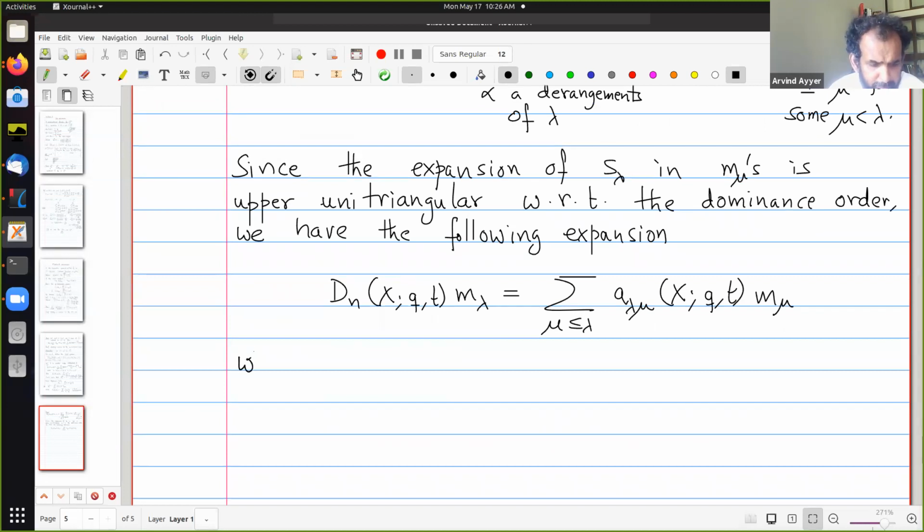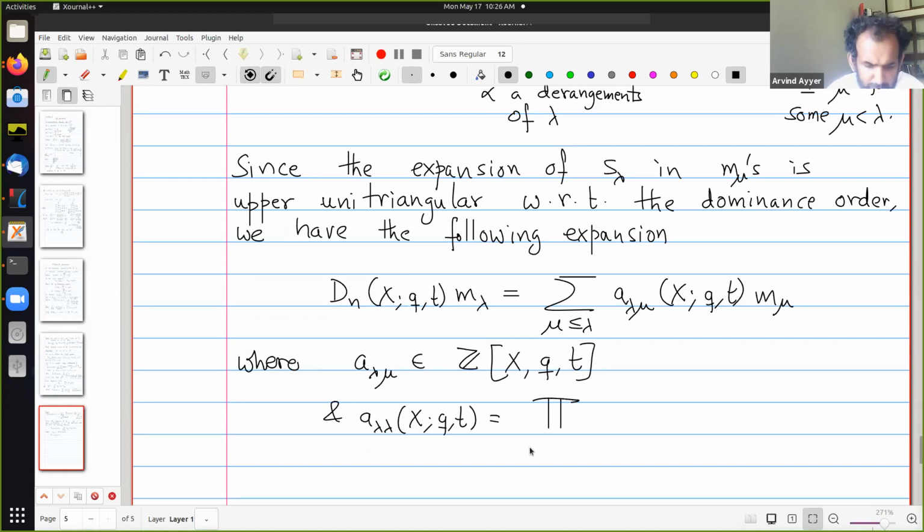So a_{lambda mu} belongs to Z[x;q,t], and a_{lambda lambda}(x;q,t) is a product expansion: the product over i equals 1 to n of (1 plus x t to the n minus i) q to the lambda_i.